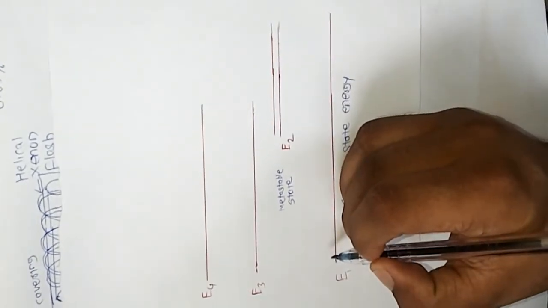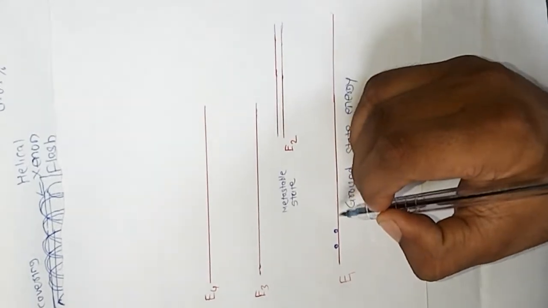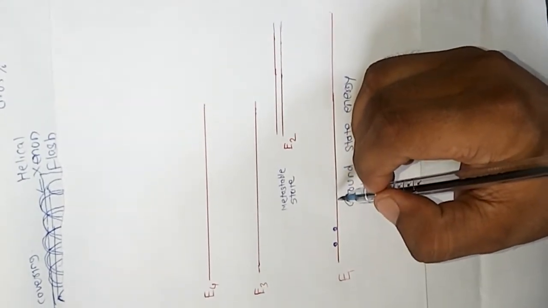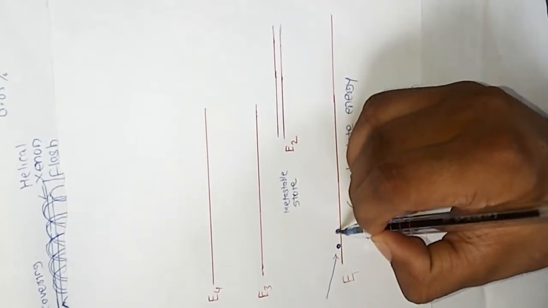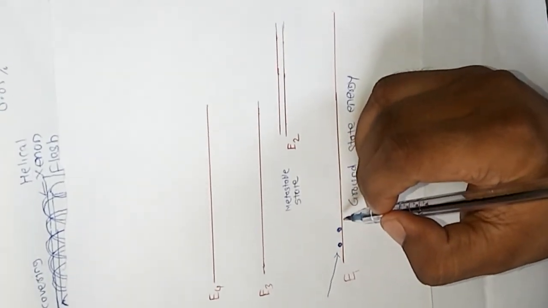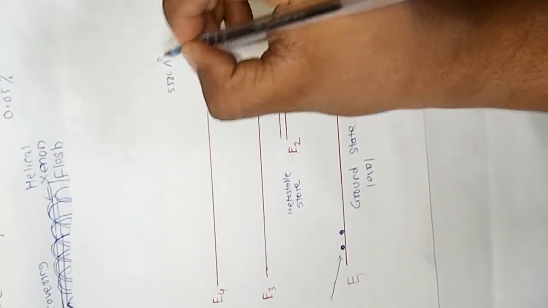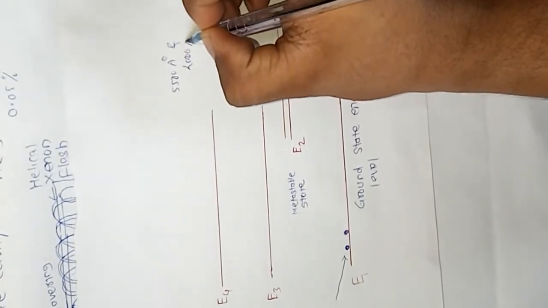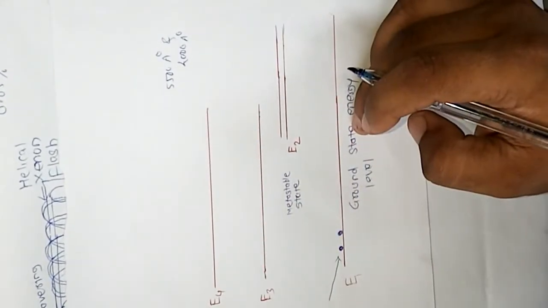At the initial condition, the Cr atoms from this ruby rod are in the ground state. When we switch on this xenon flash lamp, the radiations are incident on the Cr atoms such that these atoms absorb the incident radiation consisting of wavelengths 5500 angstrom unit and 4000 angstrom unit, and go to the respective excited state energy level.